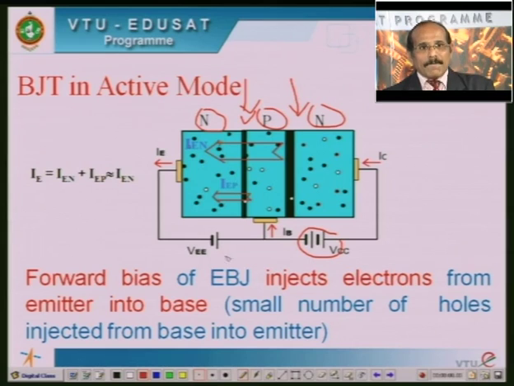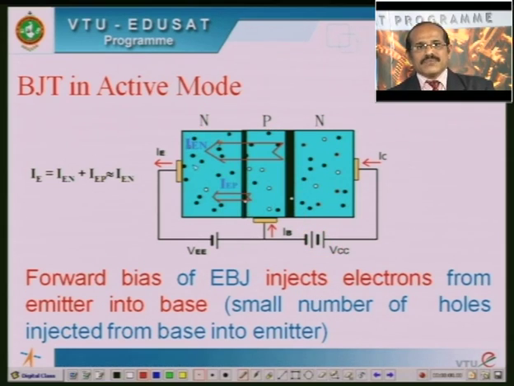So therefore, application of this forward bias across the emitter base junction will inject the electrons, and it will force the electrons to move from N to P region here. So that is what you can see here. Therefore, electrons will move from the N to P region, and similarly the holes will move from the P to N region here.